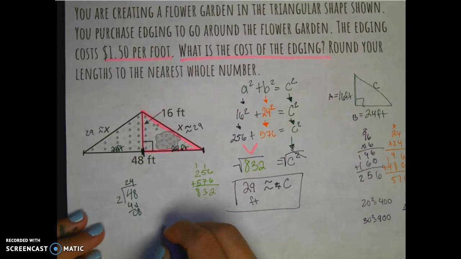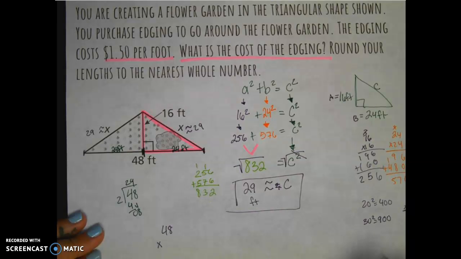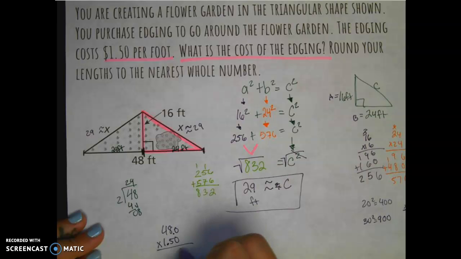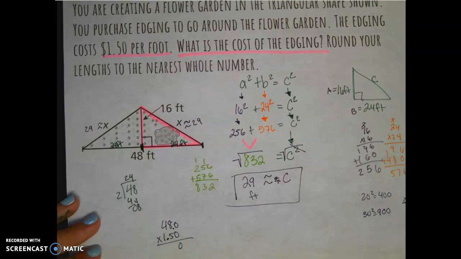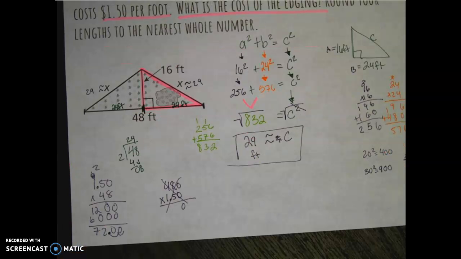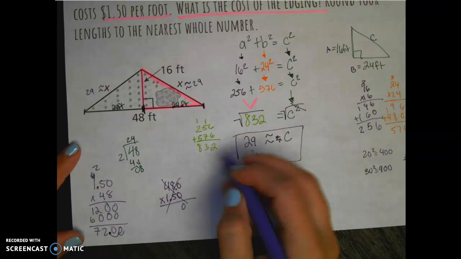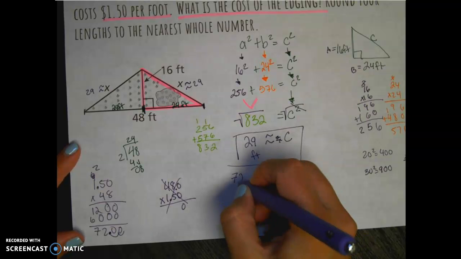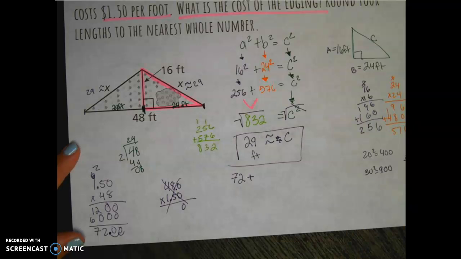So I'm going to take 48 and multiply it by 1.50. Figure out what 48 times 1.50 is. If I multiplied 150 times 48, it's going to be $72. So far, I have 72 plus, now I need to take 1.50 and multiply it by 29.